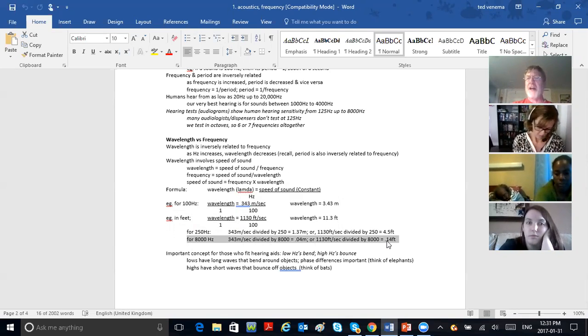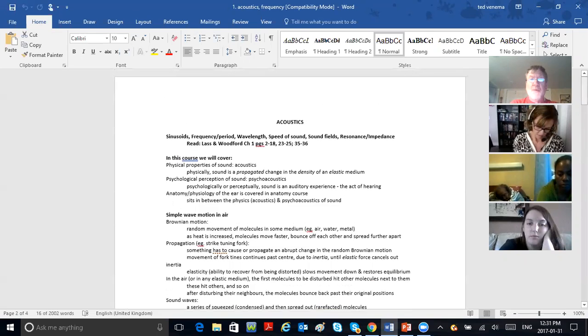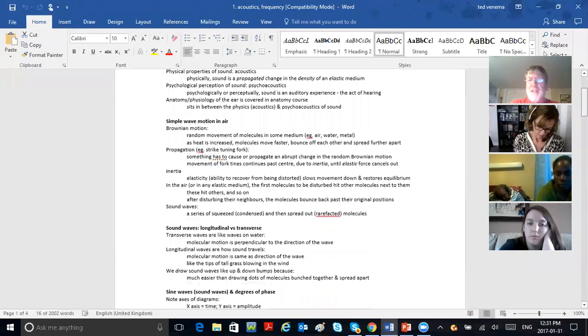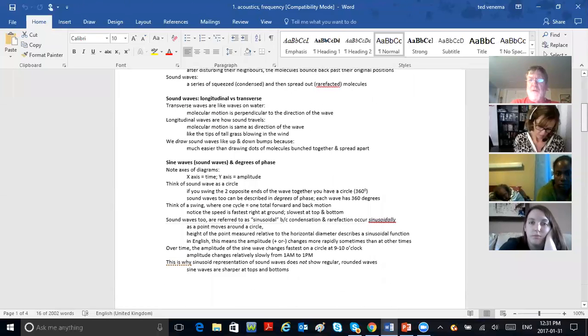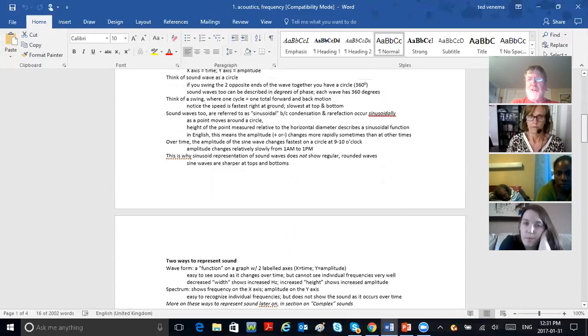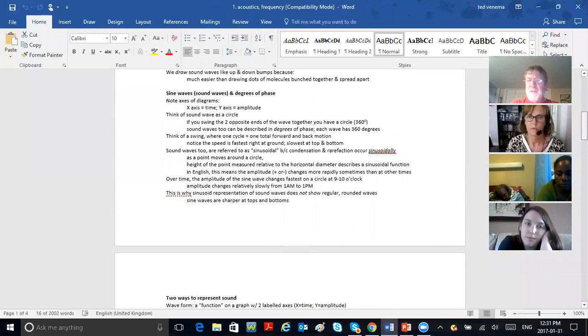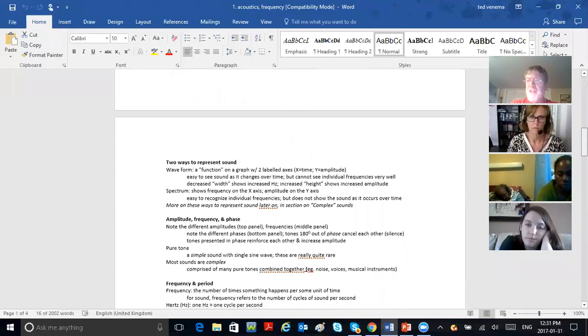So to summarize where we've come so far, and we've covered a lot of ground today, right from the beginning. We talked about sound waves, what are they? And then we talked about longitudinal and transverse. Then we talked about degrees of phase. We talked about 2 ways to represent sound: waveform and spectrum.